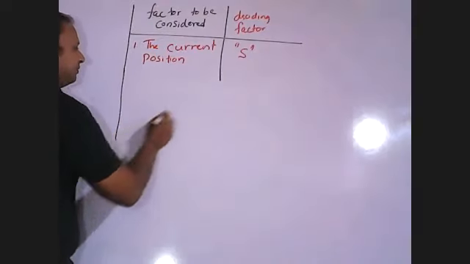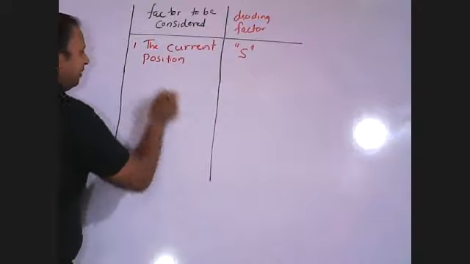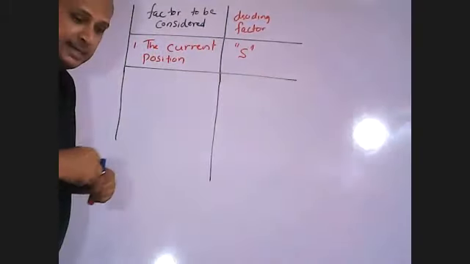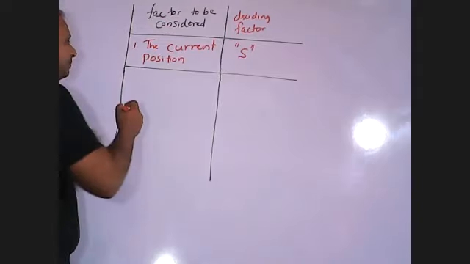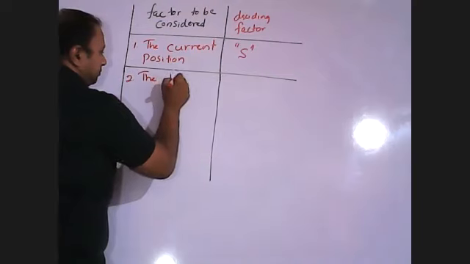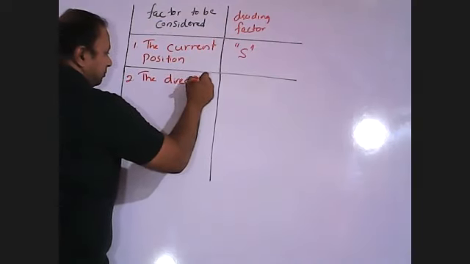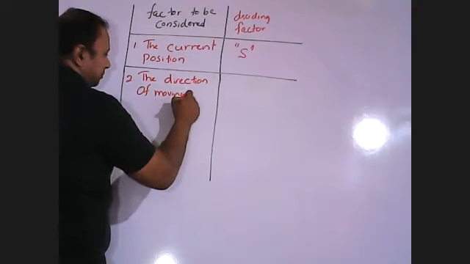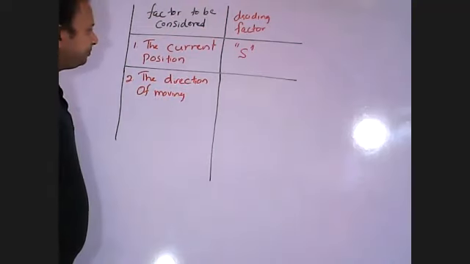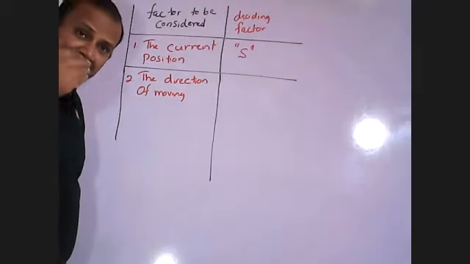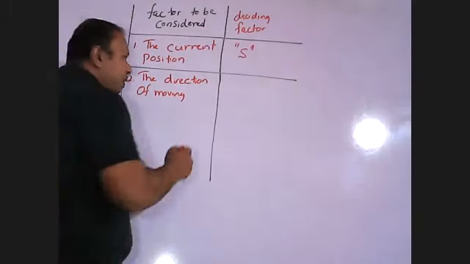The second factor is the direction of moving. So what is the deciding factor? It is the direction of velocity.